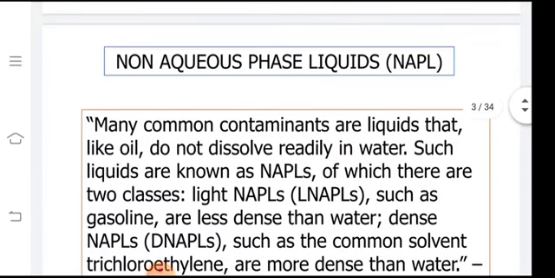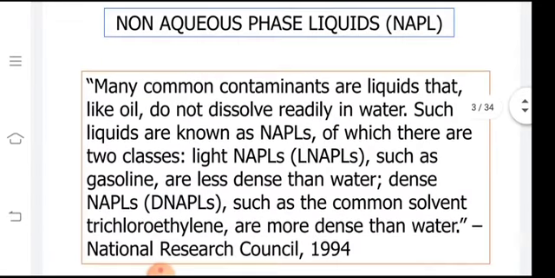Now we will further talk about these non-aqueous phase liquids, NAPLs, and the key point is that these are not going to mix up with the waters, so they are separate and need to be studied separately.